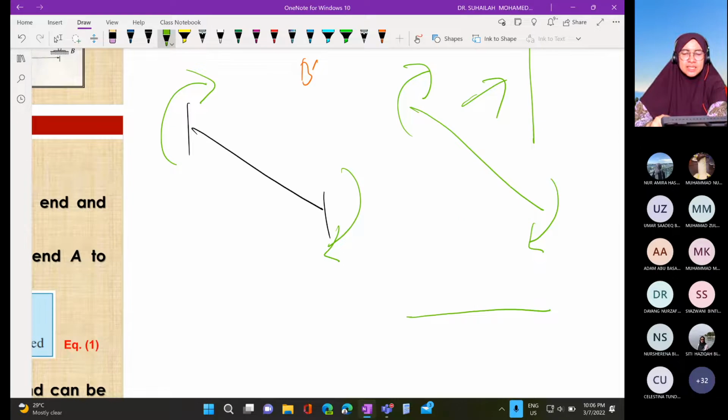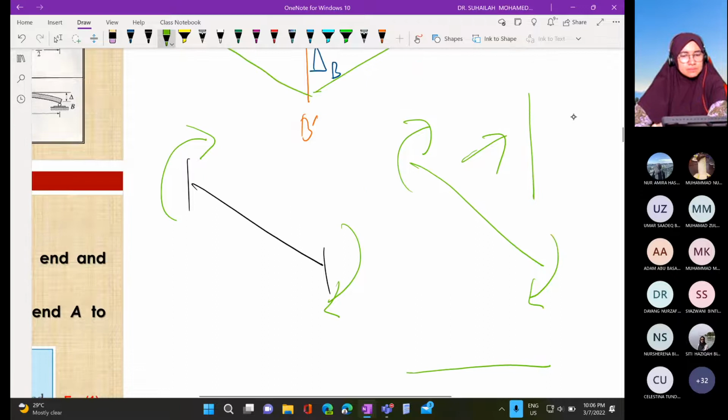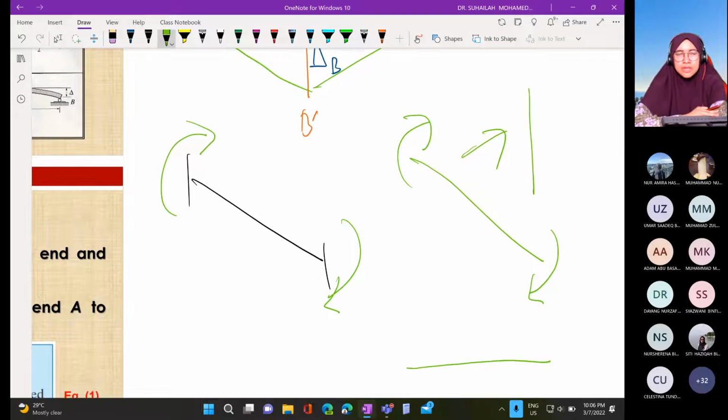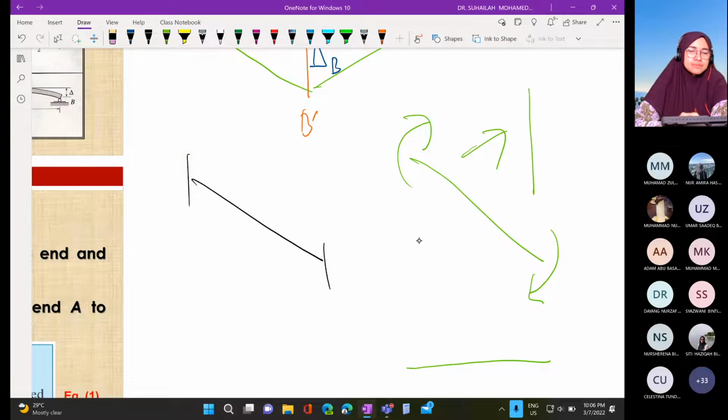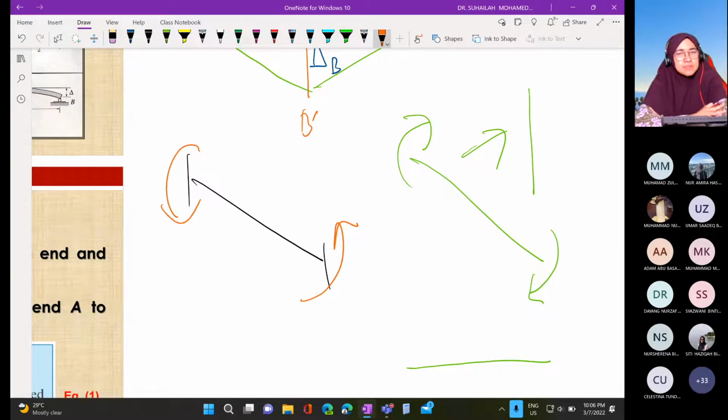Don't forget, we want to make it horizontal. So what should be the direction? Clockwise or anti-clockwise? Anti-clockwise, right? Okay, we want to make it straight again.